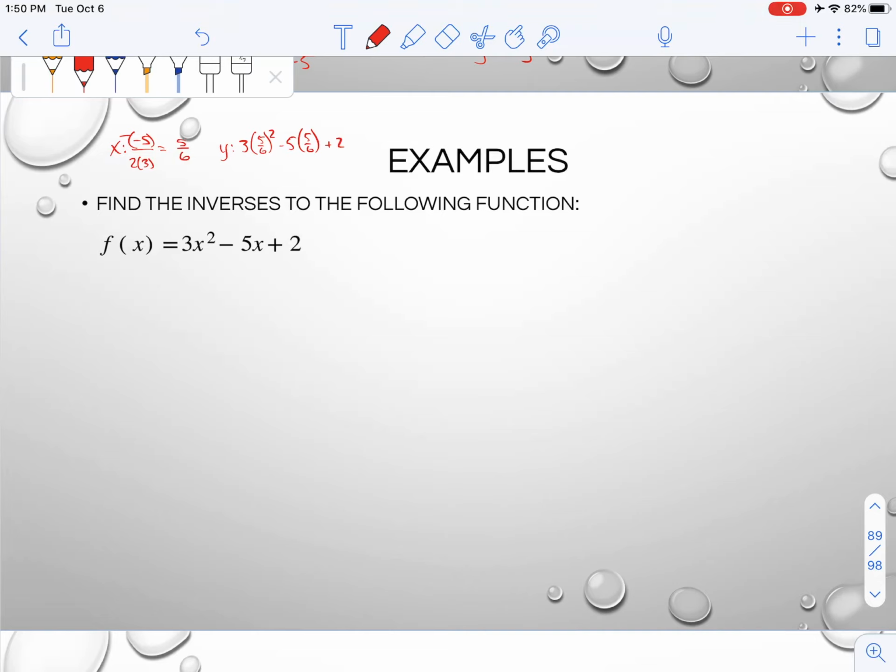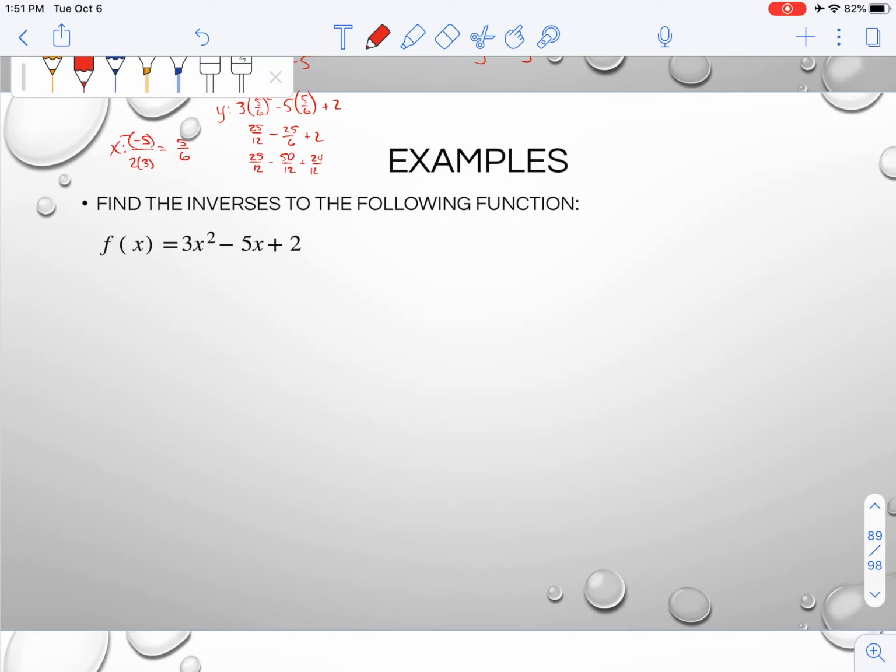Let's see here, 5/6 squared is going to be 25/36. Times 3, I'm going to have 25/12, minus 25/6, plus 2. Common denominator, it's going to be 12, so 25/12 minus 50/12 plus 24/12.